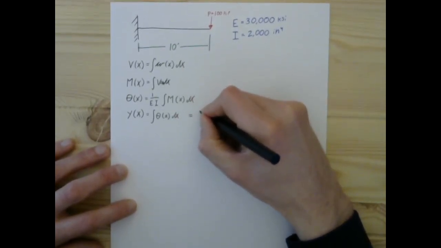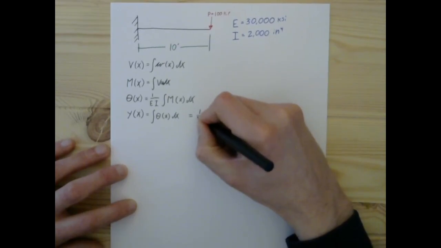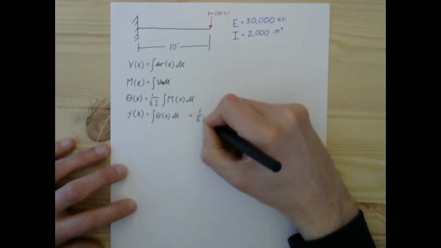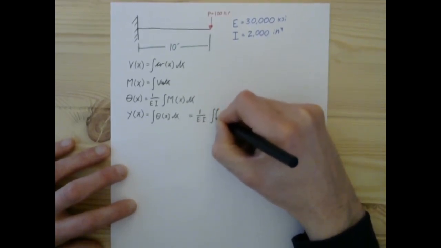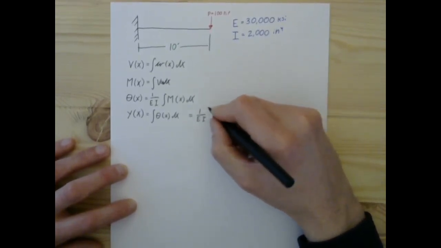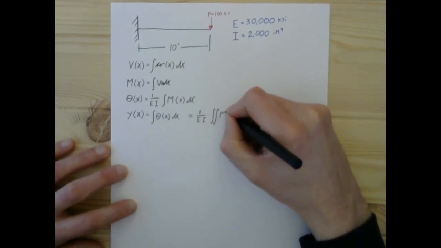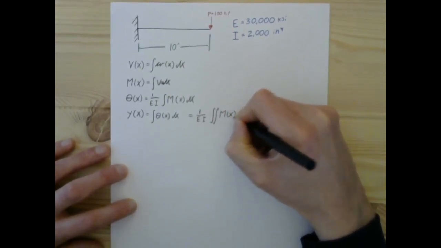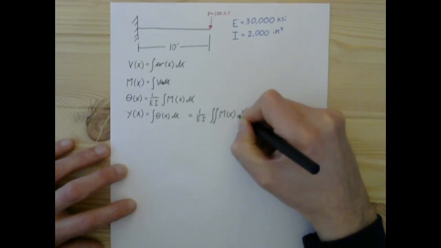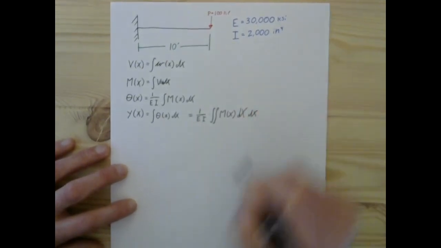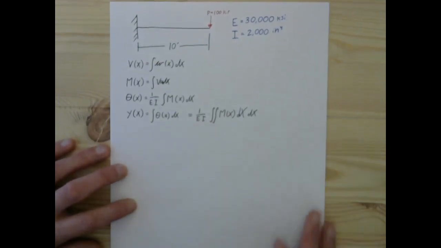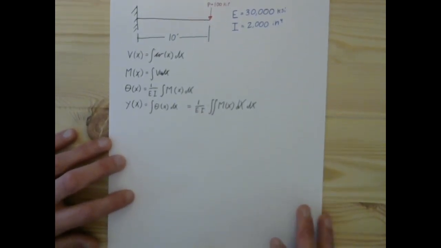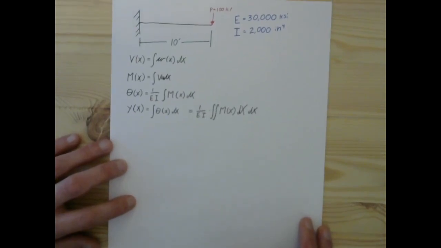Or we could say 1 over the Young's modulus and the second moment of inertia times twice the integral, two integrals, of the moment equation.